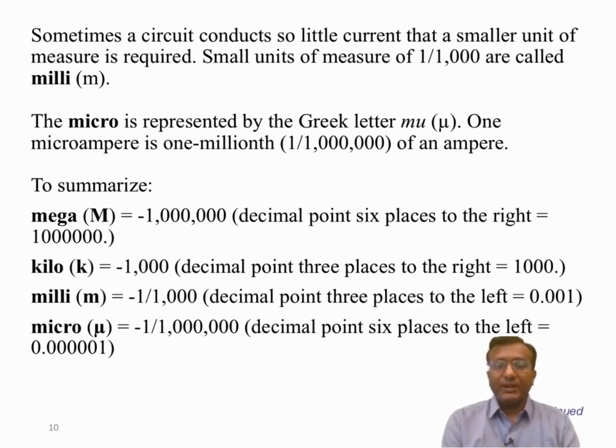Micro is also a small unit. So for example, milli is about 1 divided by 1000 of that quantity. A micro is 1 divided by 10 raised to 6 of that quantity.